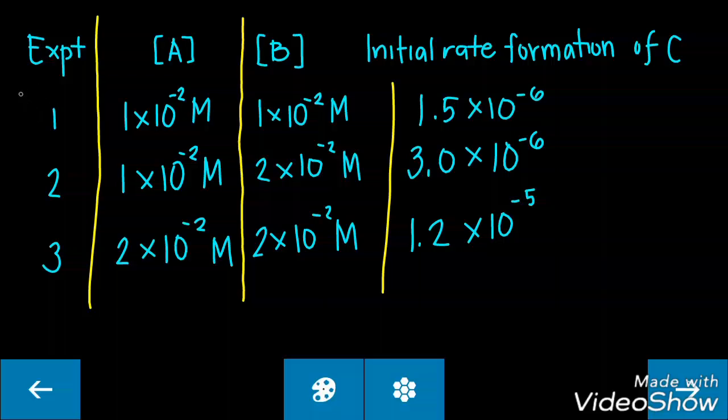Take note that for experiments 1 and 2, for the concentration of A, we have the same concentration, 1 times 10 to the negative 2. But for B, the concentration of B, it doubled. So we can take note of that for our solutions later.